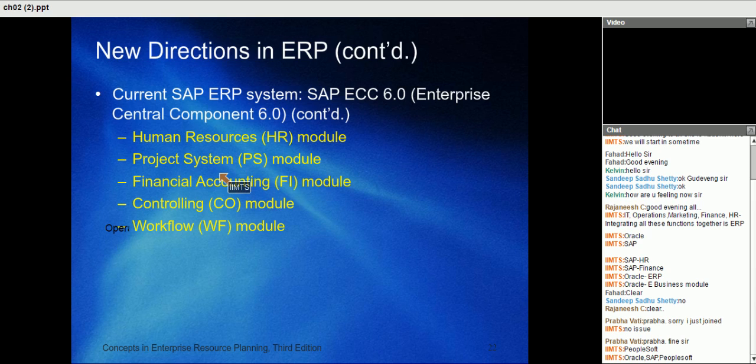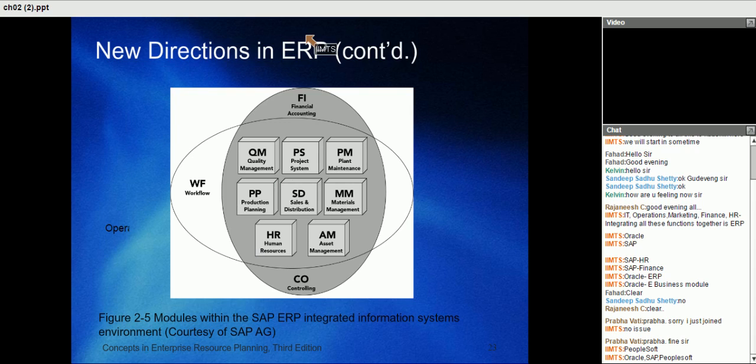They have an HR module, a project system module, a financial accounting module, a controlling module, a workflow module, etc. So, new directions in ERP: quality management, project system, plant maintenance, material management. As you see, it is the integration. That means everything is being clubbed in one place.